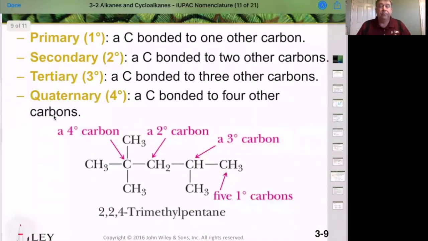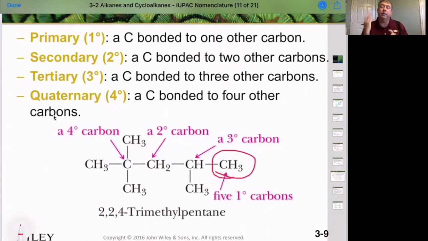Okay, now that we have different numbers of carbons bonded to our chain, if we only have a straight chain, we only have 2 kinds of carbons. If we have these multiple branches, we could have different types of carbons, okay? And we define those by how many other carbons are bonded to that carbon, okay? So for example, right here at the end, we have a CH3.